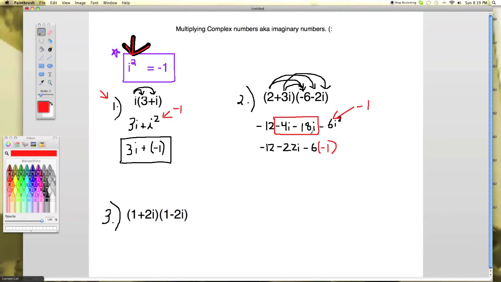You don't take the entire -6i squared out and just put -1 in. You only take i squared out, since that's what you're replacing with -1. So you bring down the -12 minus 22i. And -6 times -1 equals +6.